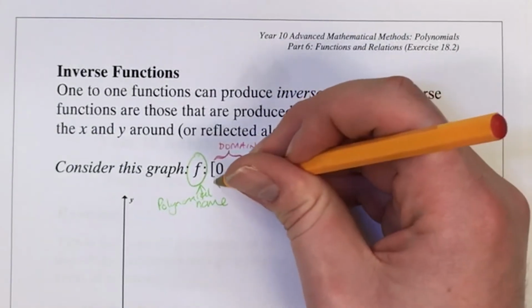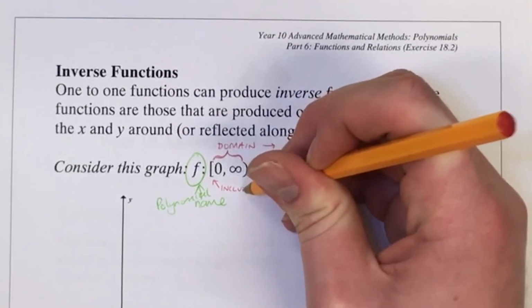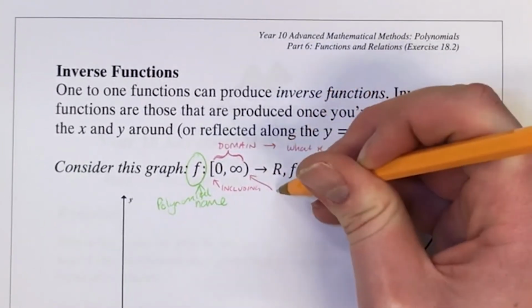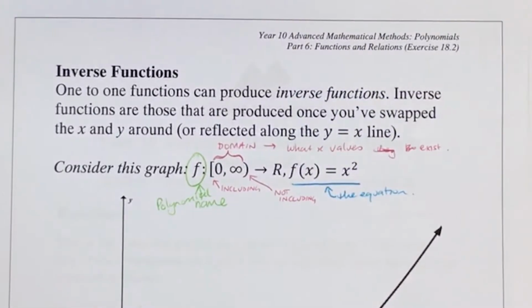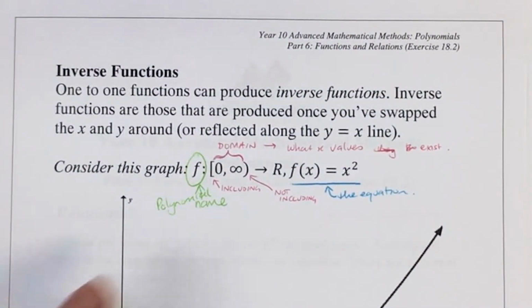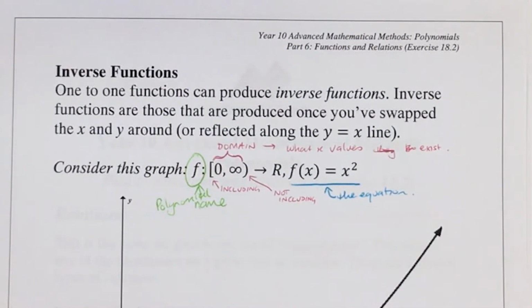The square brackets mean including. The round brackets mean not including, because you can't actually reach infinity or beyond. I'm sorry to ruin your childhood. So this is the graph of y equals x squared, starting at 0 and making its way to positive infinity, but not beyond.